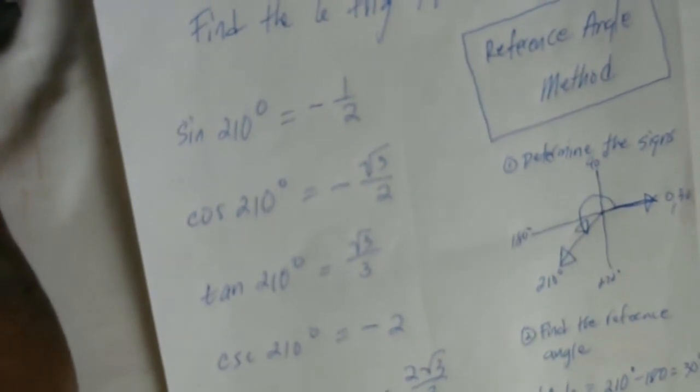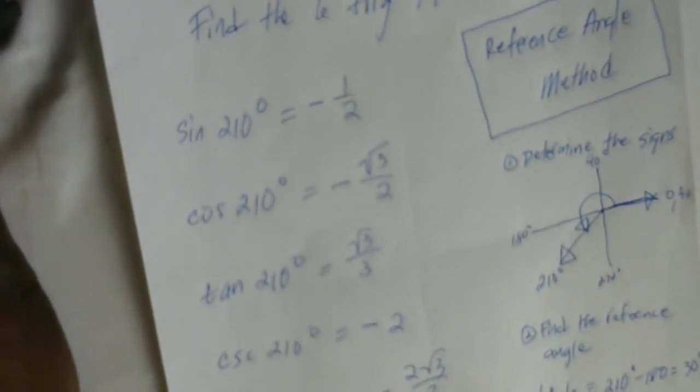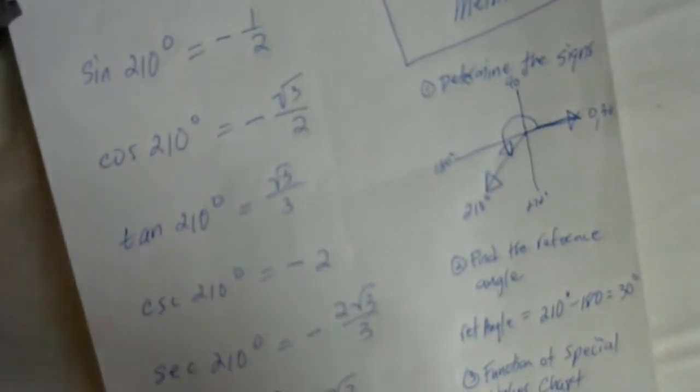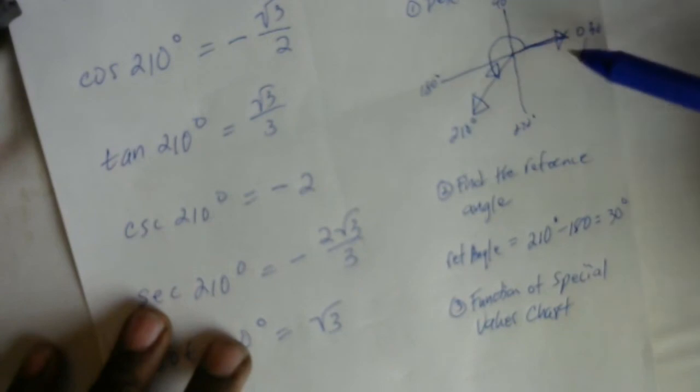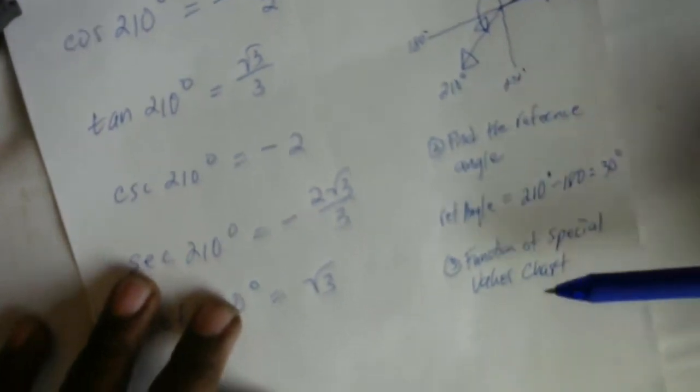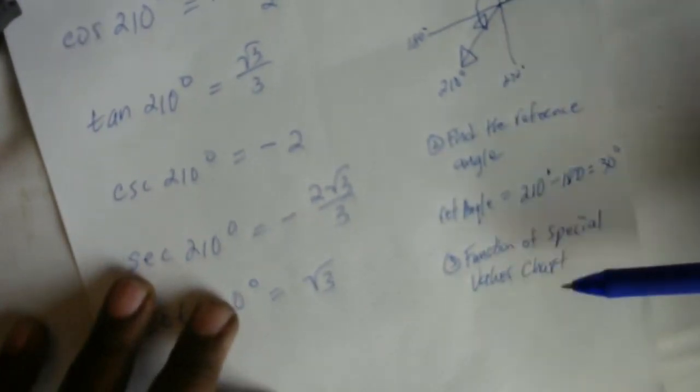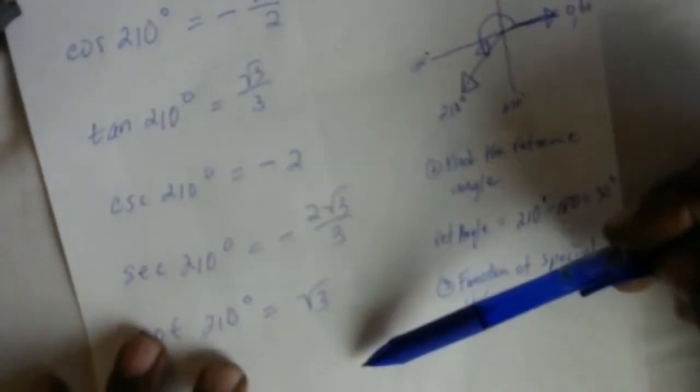I won't say it's complicated, but there are a few steps involved. And here are the 3 steps. The first thing you do is determine the sign. The second thing you want to do is find a reference angle by using that reference angle chart. The third thing you do is use the function of special values, and you just transfer those values to your given angle.